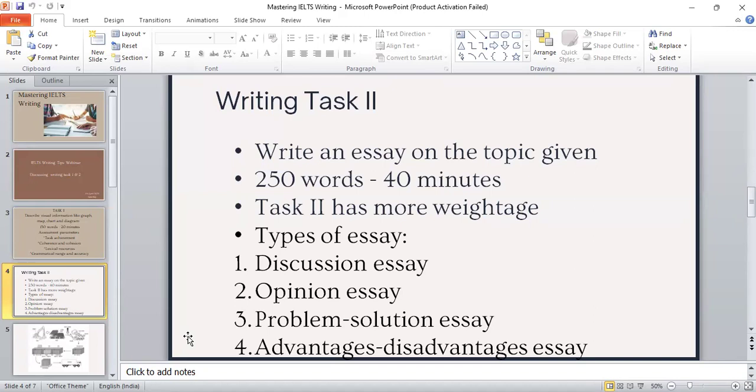For example, if you are taking an advantages disadvantages essay, there should be an introduction, advantages will be discussed in one paragraph, disadvantages will be discussed in another paragraph, and the concluding paragraph will be your opinion.